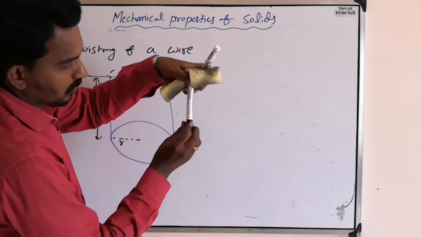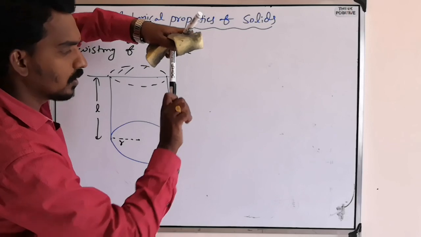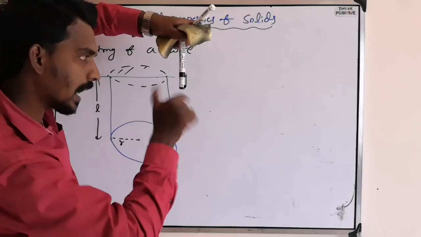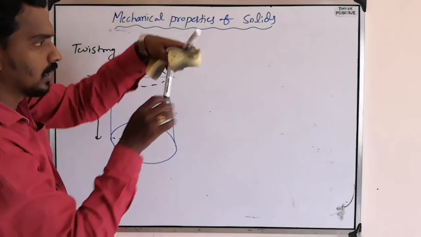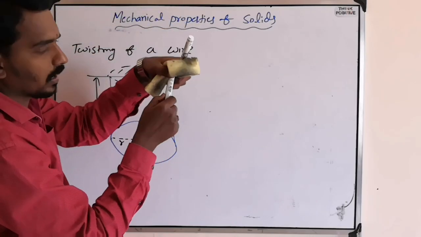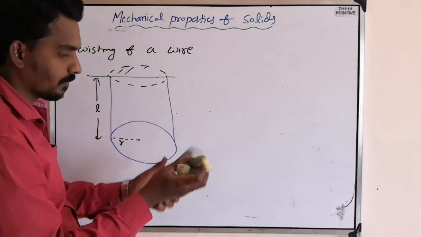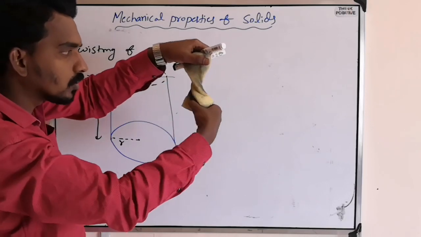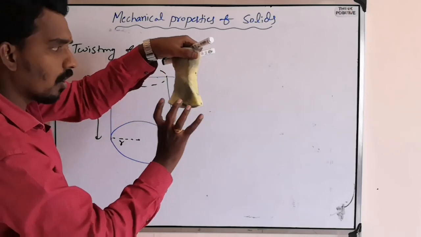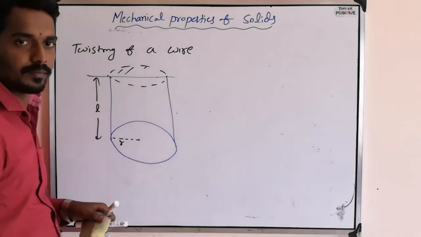At the top it is fixed, and at the bottom when you apply some tangential force parallel to this surface, it cannot leave this contact. Here it is fixed, but here you are applying force. Then the wire or the rod gets twisted by some angle.